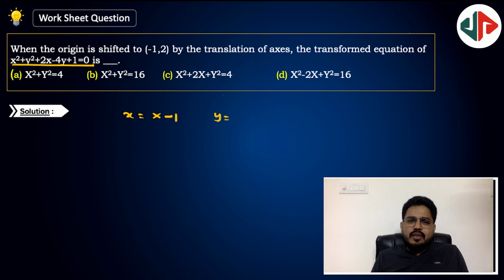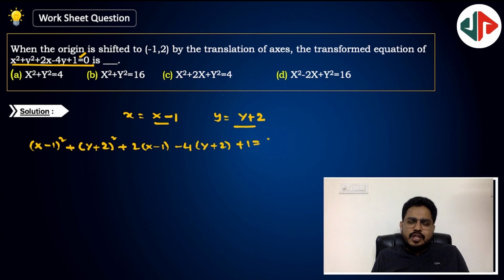Small y is equal to capital Y plus 2. So these two need to be substituted here. The answer will be (X minus 1) whole square plus (Y plus 2) whole square plus 2 times (X minus 1) minus 4 times (Y plus 2) plus 1 is equal to 0. Simple.